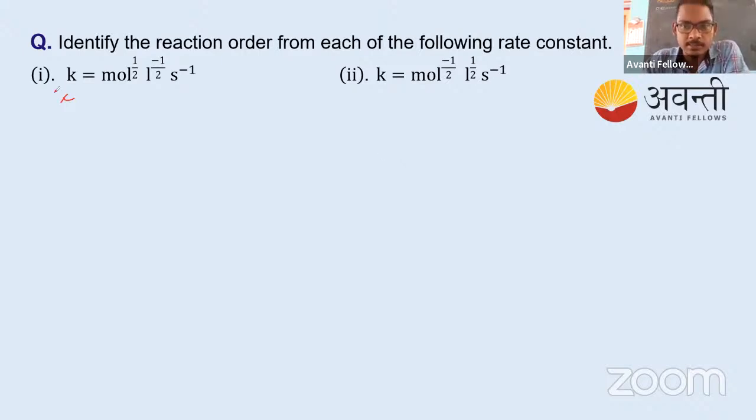Everyone try this, and you can answer me in the chat. For that you can use the general formula, mole per liter to the power 1 minus n per second, and relate that with this, so that you can get the value of n, and that is the order of the reaction.